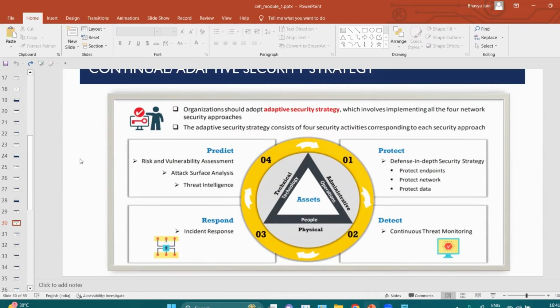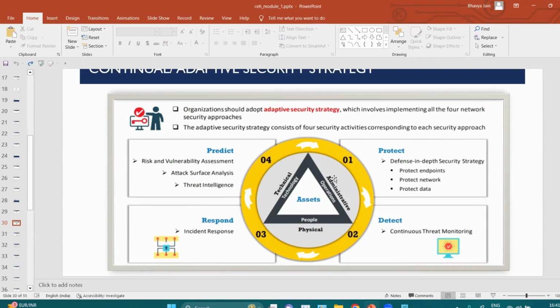Protect is where we apply something for protection. As you know, prevention is better than cure. So we are providing a full prevention mechanism so that we can prevent or avoid future attacks. Protect is about what kind of security strategy, what kind of security mechanism we can apply so that we can avoid the attacks.